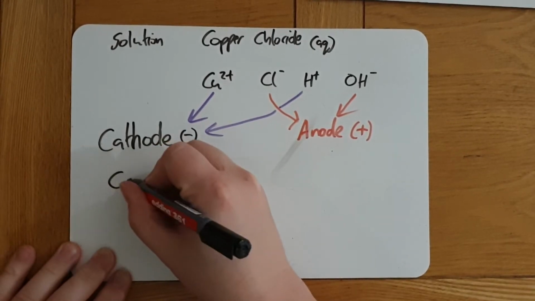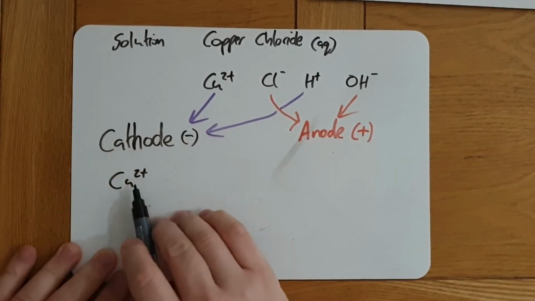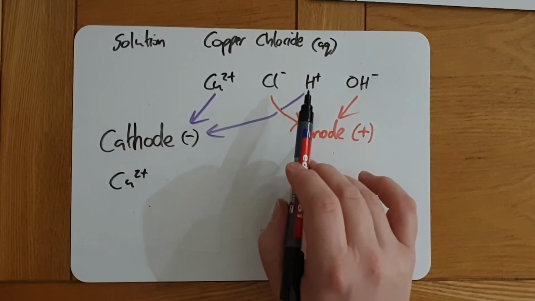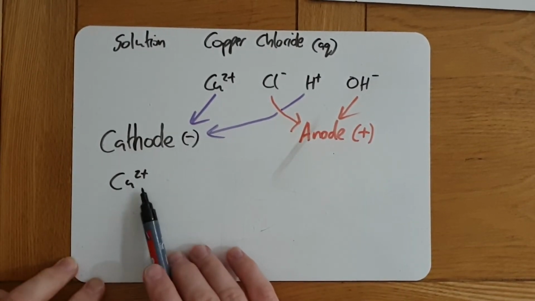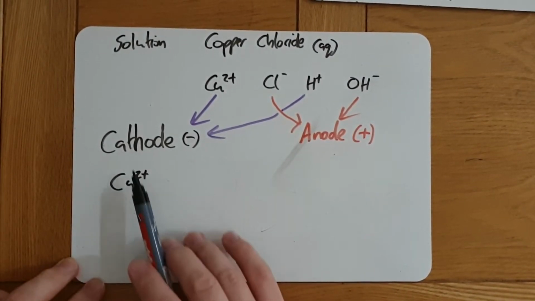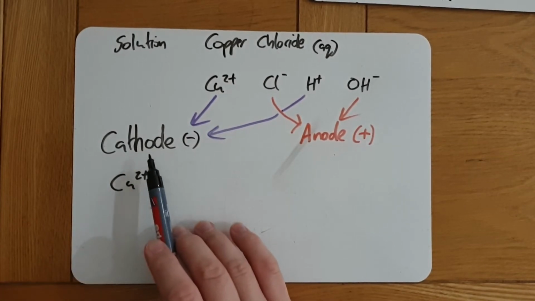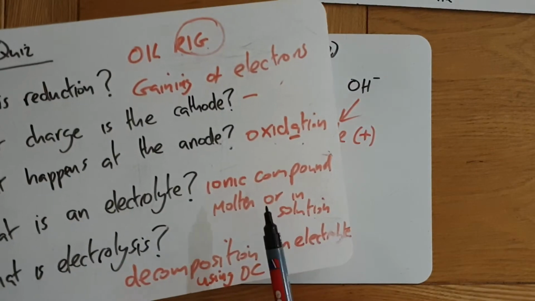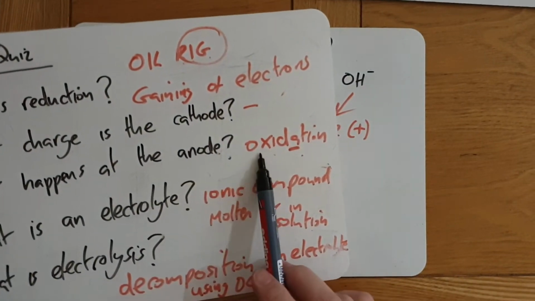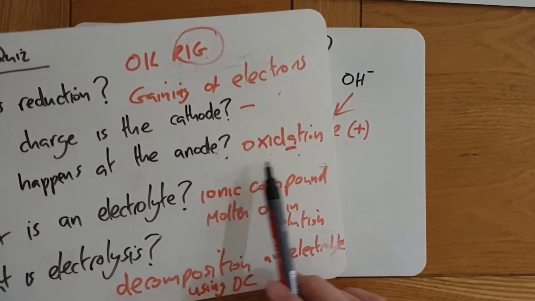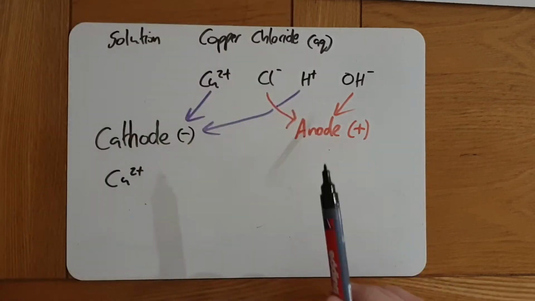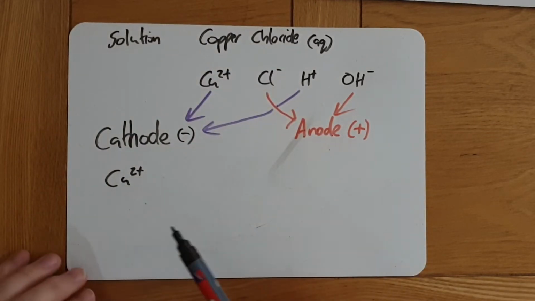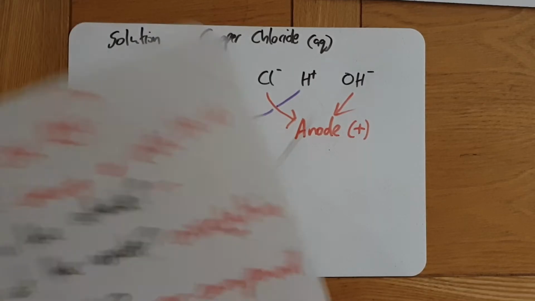So we've got Cu2+ is the one that's going to react. It just means the H+ is going to sit around and do nothing. If you remember what actually happens at the cathode, at the anode it was oxidation, at the cathode it's reduction. And what is reduction?